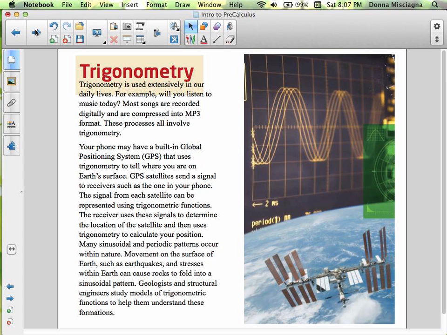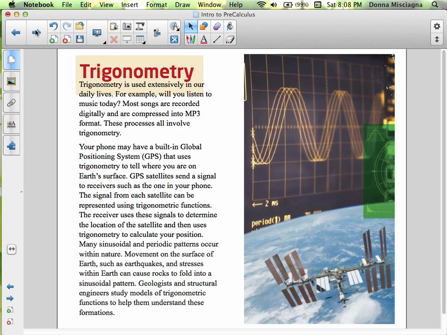GPS satellites send a signal to receivers, such as the one in your phone. The signal from each satellite can be represented using trigonometric functions. The receiver uses these signals to determine the location of the satellite and then uses trigonometry to calculate your position.